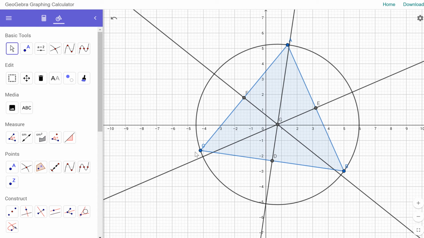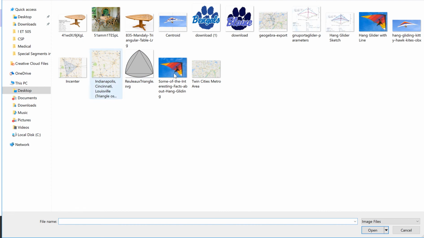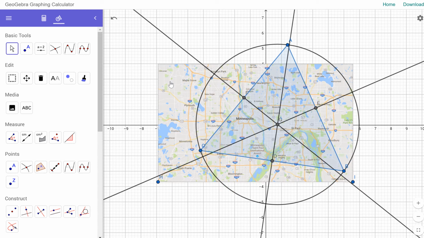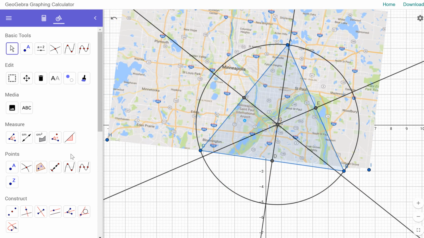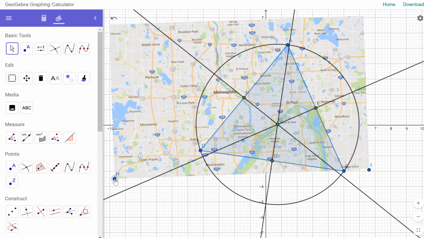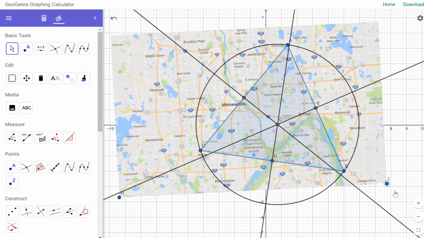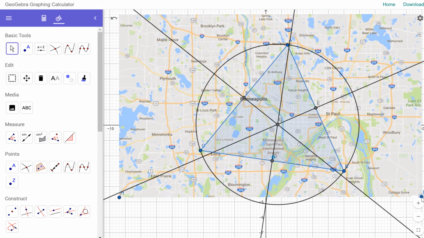So to put that into a real world context, what I'm going to do here is insert a picture. I used a picture of the Twin Cities metro area for this example. We'll increase the size of this picture to make it a little more usable. Okay, that should be good.